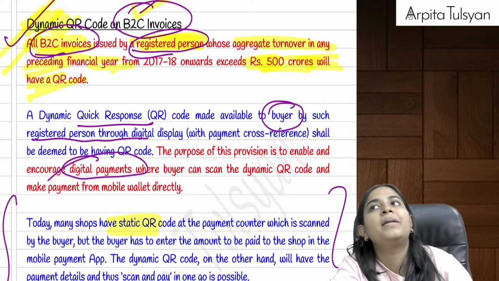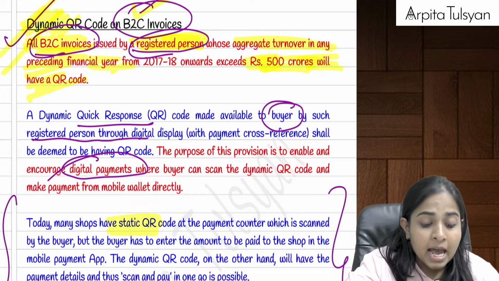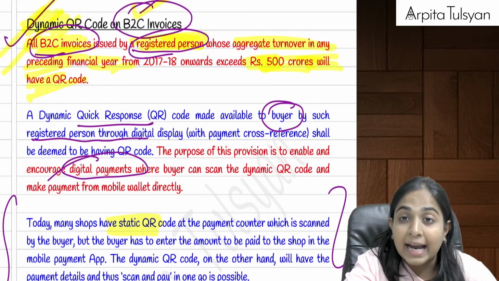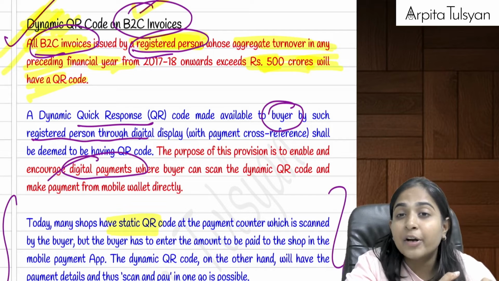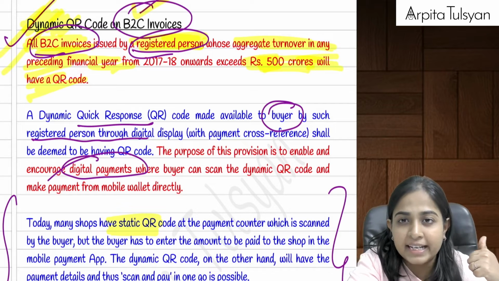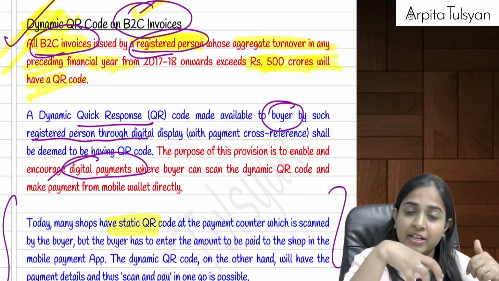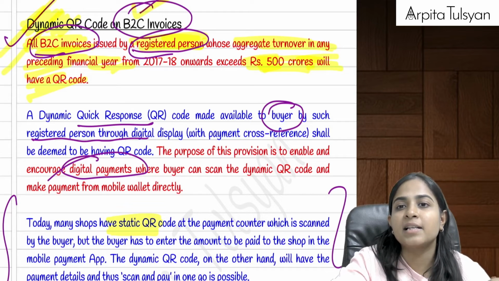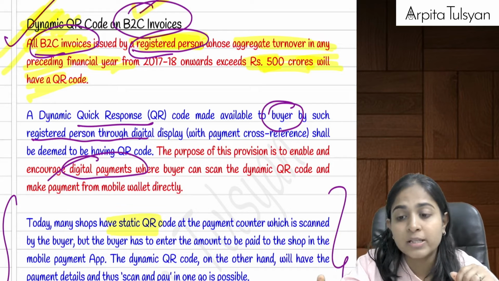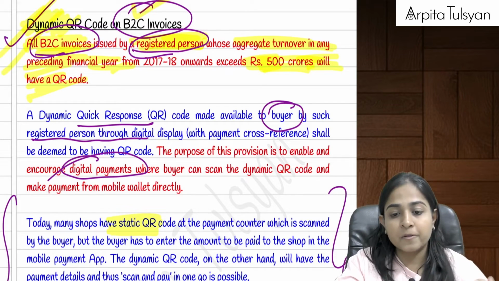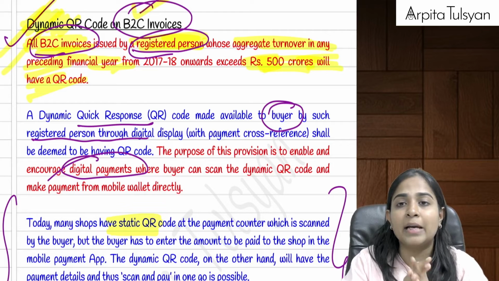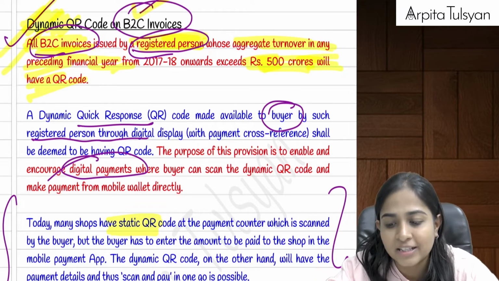E-invoicing was applicable only for B2B, exports, etc. Here they are saying that if there is any registered person whose aggregate turnover has exceeded 500 crore in any one of the preceding financial years from 17-18 onwards, then in respect of its B2C supplies, except exports, it is mandatory for such registered persons to generate and print a dynamic QR code on the invoice which is issued by them.